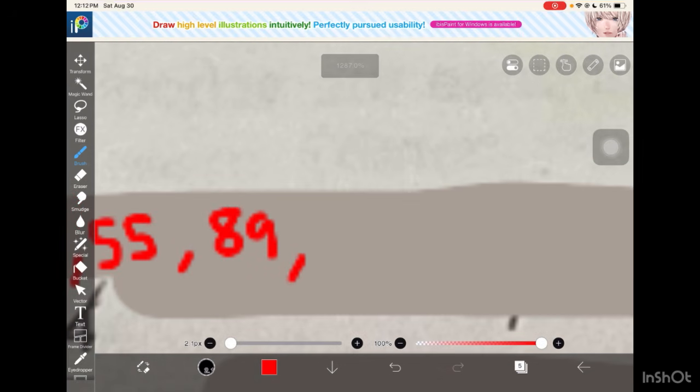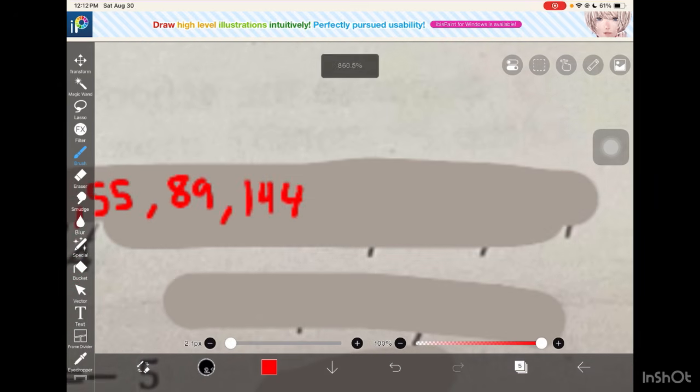For our 12th term, we have 55 plus 89, which is equal to 144. So we can just keep repeating this. So 144 plus 89.